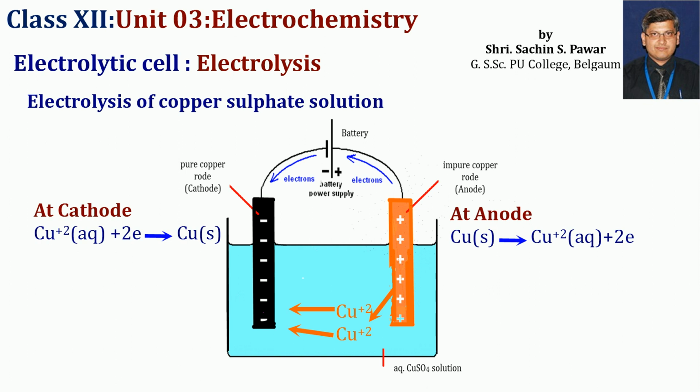Here the electrons available are obtained from the external circuit. Point to be noted from this diagram is that the copper from the impure copper rod, that is the anode, has dissolved into the solution and that in turn has deposited on the pure cathode rod, and this is merely because of the passage of electricity.